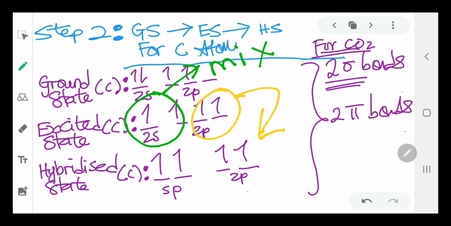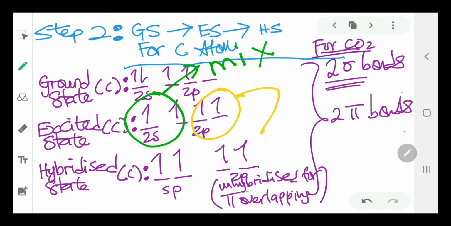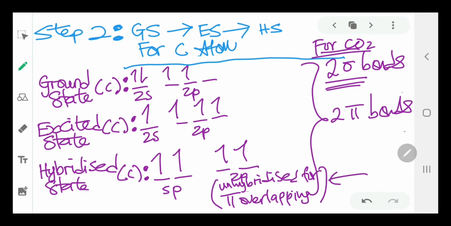So you have 2p. This one will be unhybridized for pi overlapping. Okay, so it's important for you to write that statement here as well. So you have 1, 2 for 2 sigma bonds, and then 1, 2 over here for 2 pi bonds.